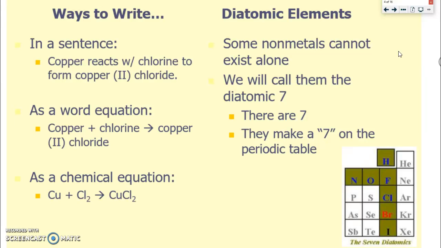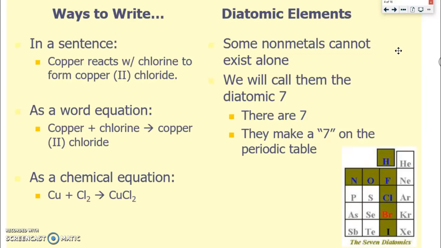We have something called diatomic elements. You'll notice that the word equation said chlorine. It didn't say dichlorine. It didn't say anything about needing two. However, we put 2 Cl's in our reaction. The reason for that is because there are certain elements on the table that are diatomic. They are all nonmetals. They are known as the diatomic 7. There are 7 of them.